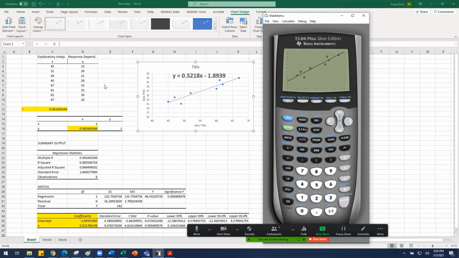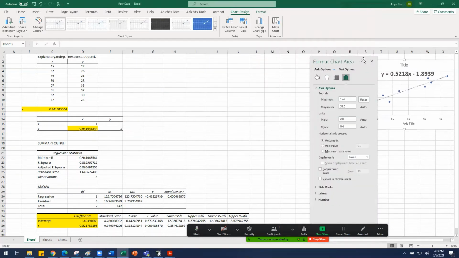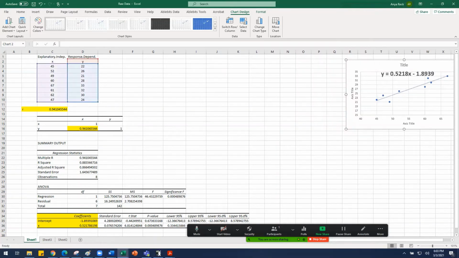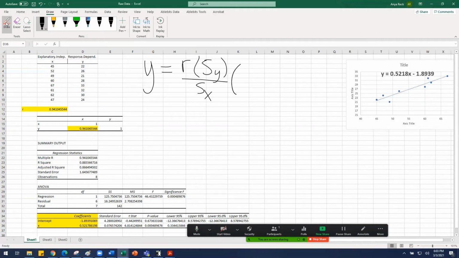Another approach you can use is a longer approach, but it will work as well. We have the equation of a linear regression as y equals r sy divided by sx, parenthesis x minus x bar, plus y bar.